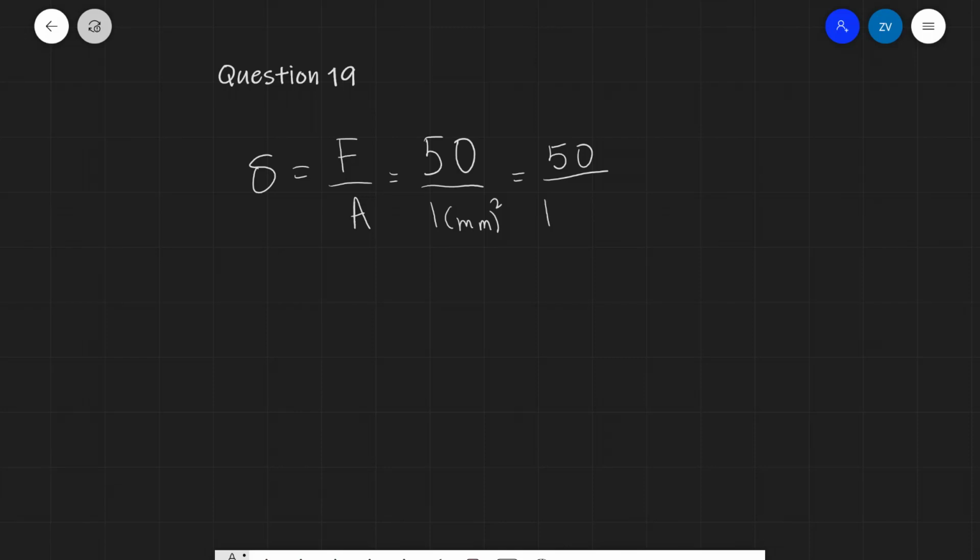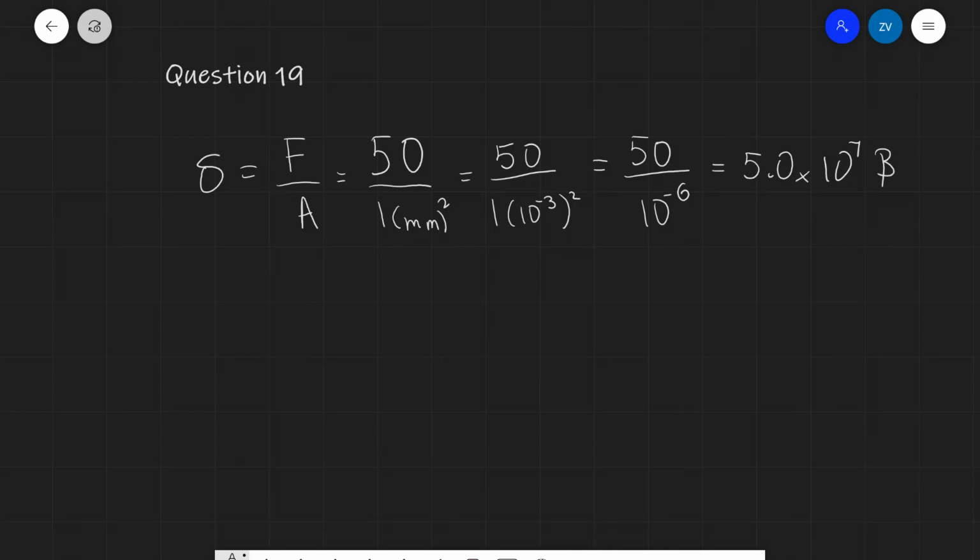Now 1 milli is actually equal to 10^-3, all of it is squared, so this will actually be equal to 50 divided by 10^-6, which is approximately equal to 5.0 times 10^7.